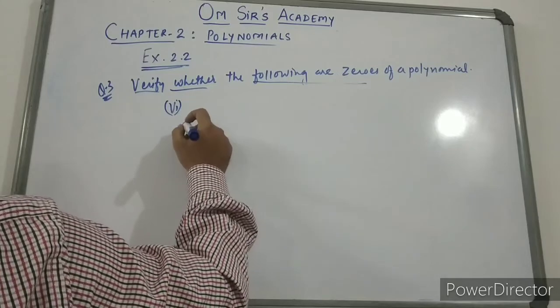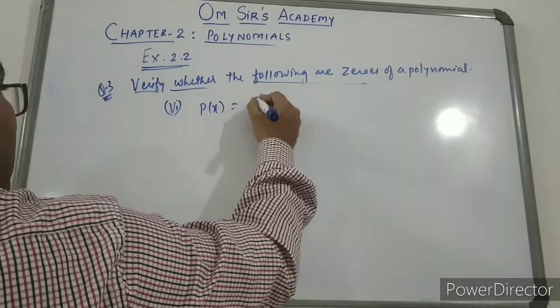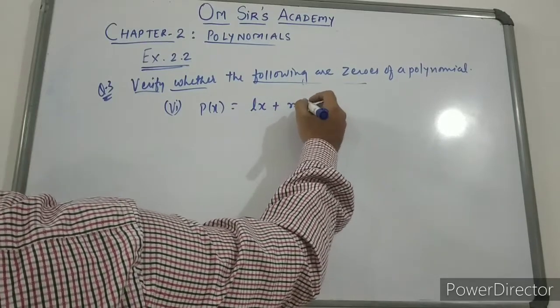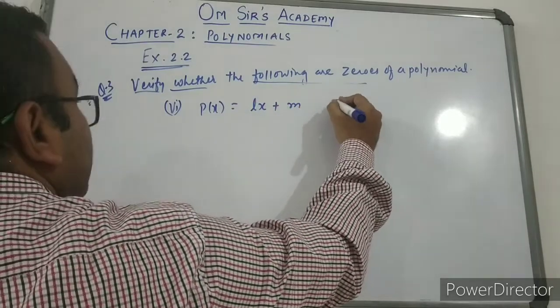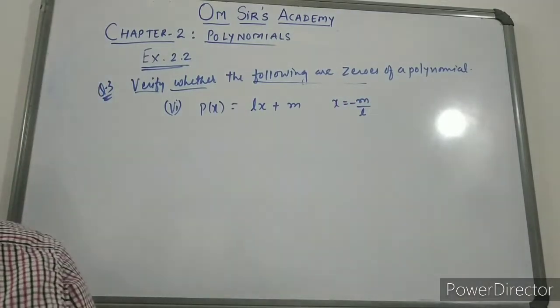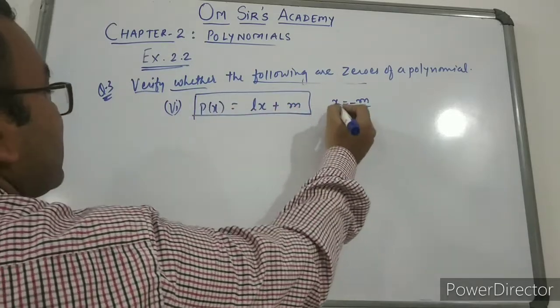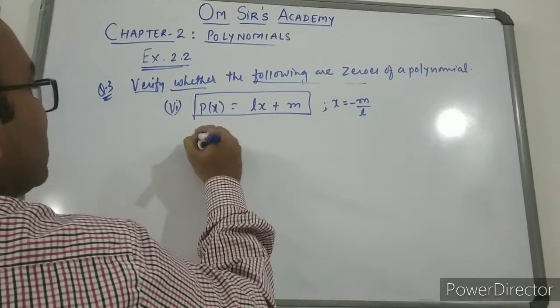Then next is the sixth sum. In the sixth sum, p of x is equal to lx plus m and x equals to minus m upon l. So here this is the polynomial, and instead of x, what do I have to substitute? Minus m upon l.